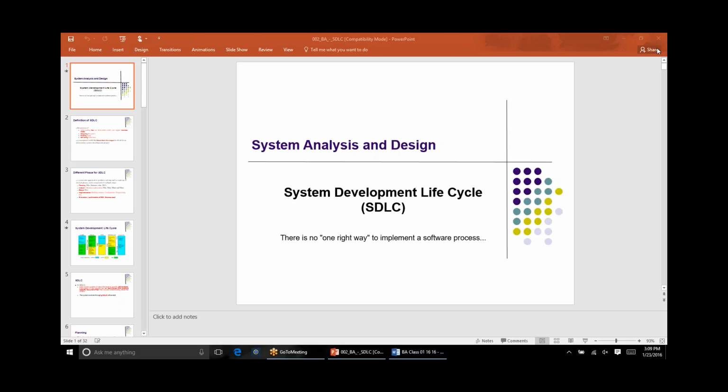So the software development cycle remains fairly constant, consistent, and is standard in most cases.